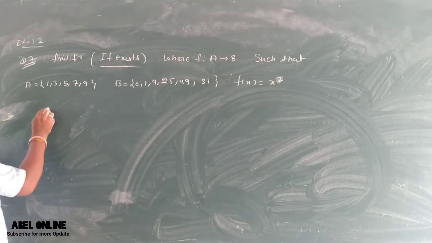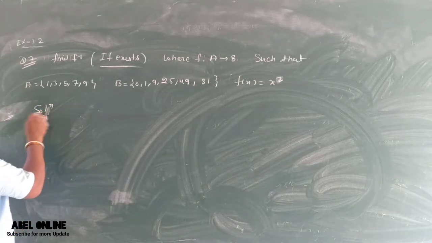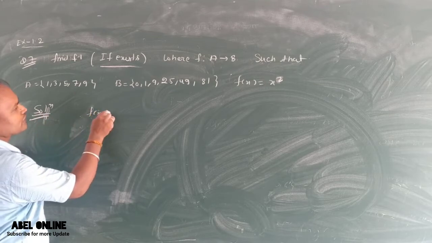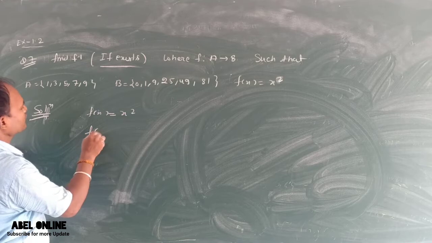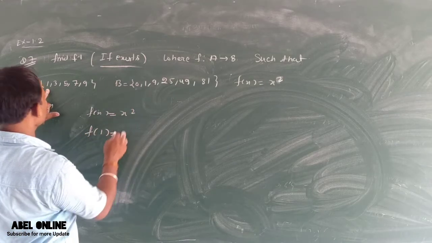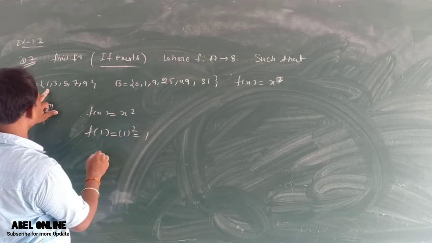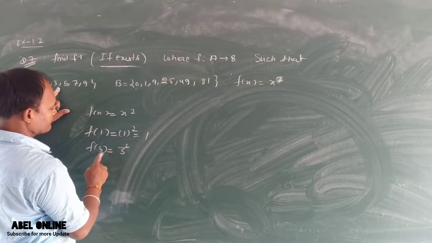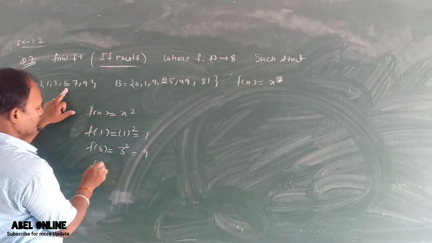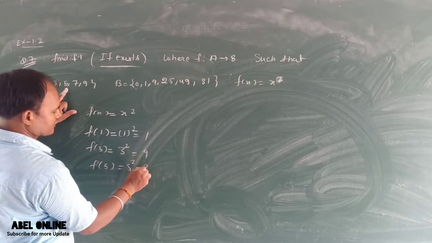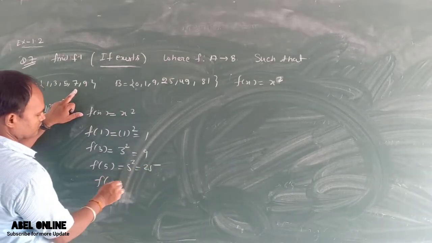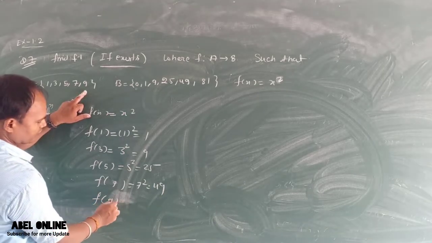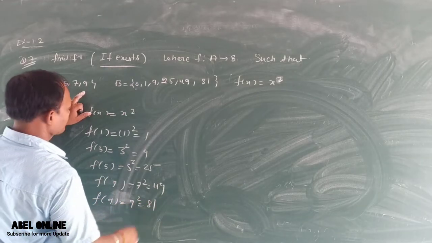So students, the solution is here; we are going to solve this section. If f(x) equals x square, then f of 1 equals 1 square, which is 1. f of 3 means 3 square, which is 9. f of 5 is 25. f of 7 equals 49. f of 9 equals 81.